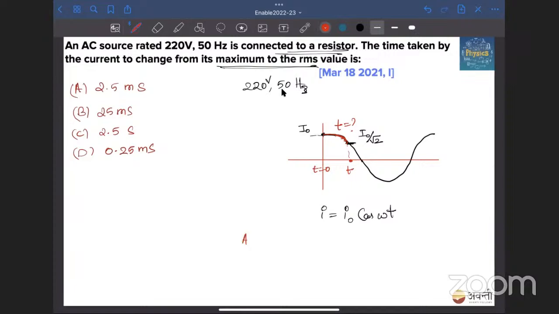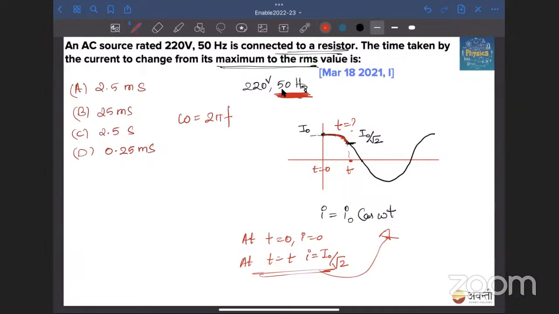At t is equal to 0, the current is I naught, and at t is equal to t, current is I naught by root 2, the RMS current. We can put this condition in this equation and calculate. One more thing: what is omega? Omega is 2 pi f. Frequency is given as 50 hertz, so I can put it here and calculate omega.